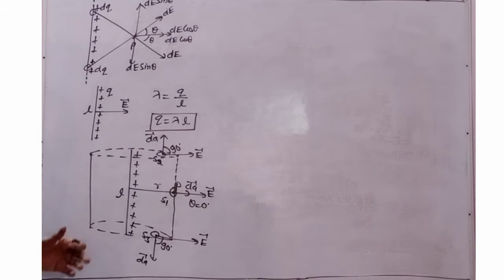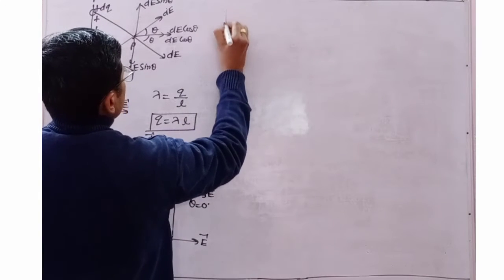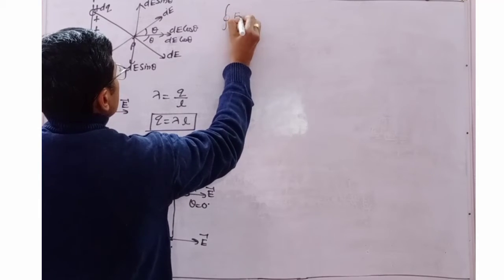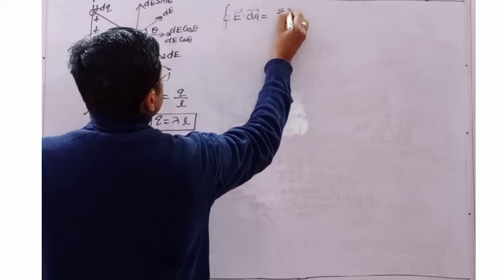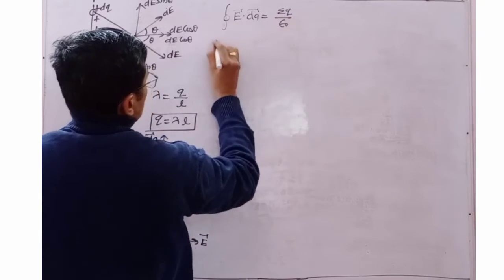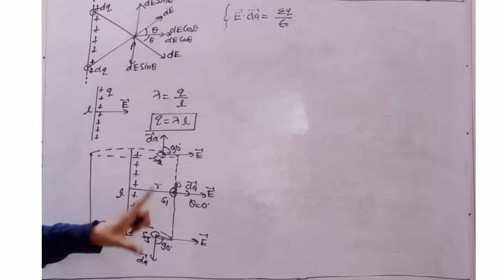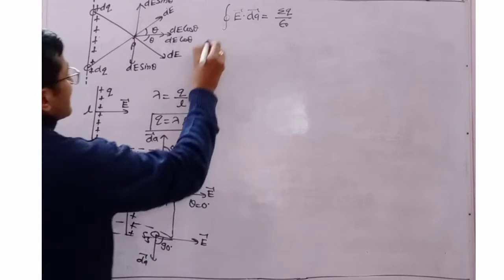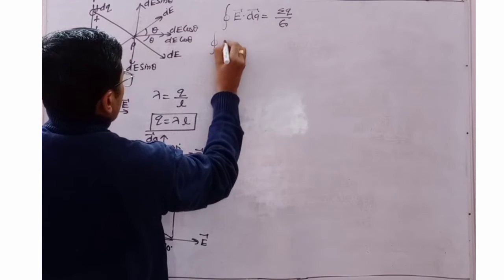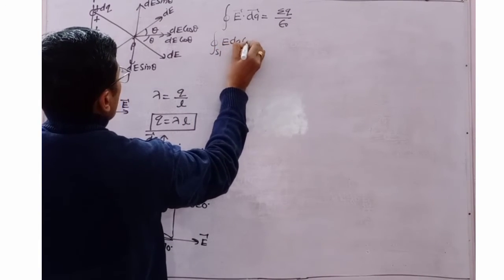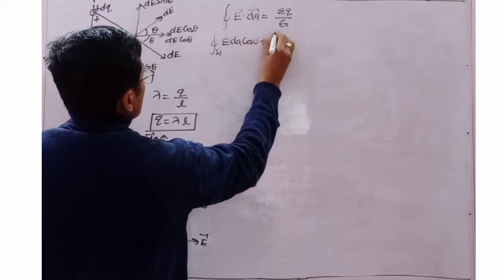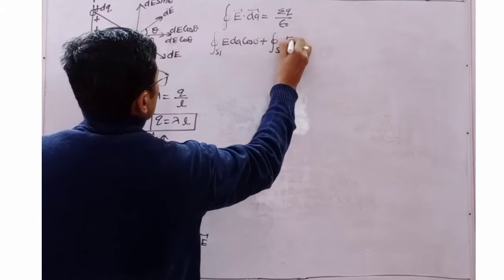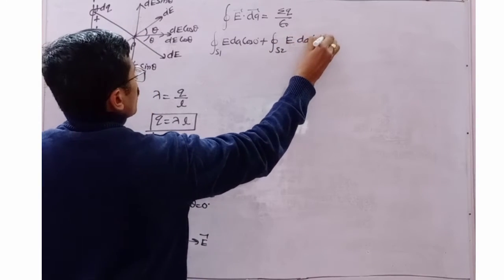Now how to find the field? It's very simple. Integration of E vector dot dA vector is equal to sigma q upon epsilon naught. It has three faces, so we take integration over S1 of E dA cos theta, where for S1 theta is equal to 0, plus integration over S2 of E dA cos 90.